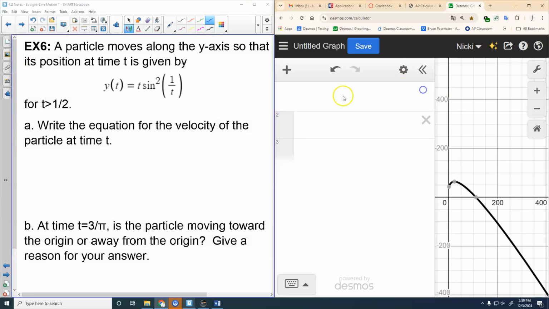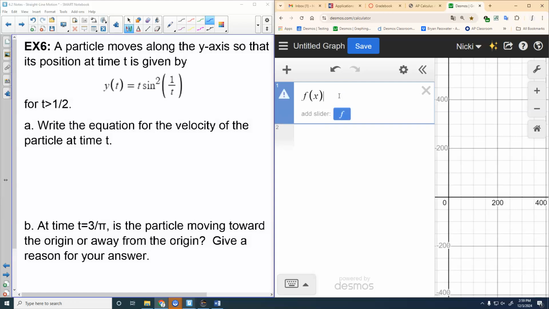Okay, so, I think is there a calculator in this one? It wouldn't be so bad.